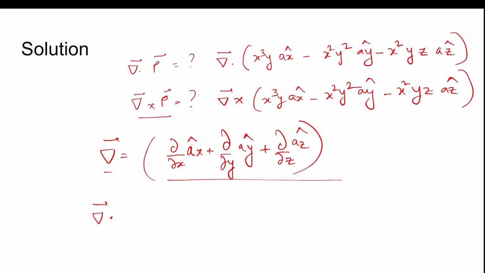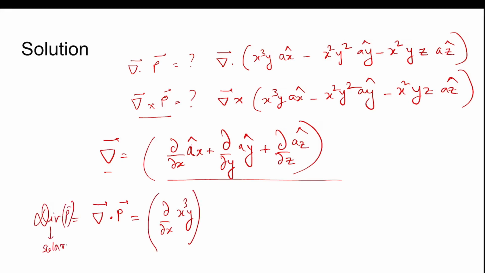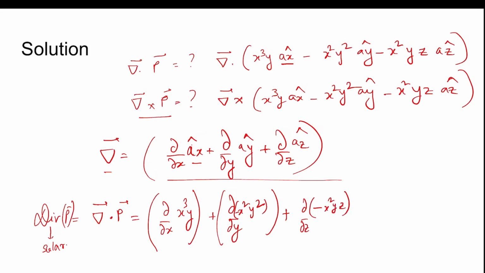So first finding the divergence, it comes out to be d/dx of x cube y, and it will be a scalar. Divergence is a scalar, so this dot product of ax becomes 1 and the other terms are 0. Similarly for y, only ay will exist, and this is minus d/dy of x square y square, and for z, d/dz of minus x square yz, where az is 1 and all other terms are 0.